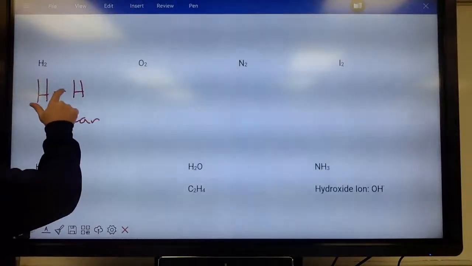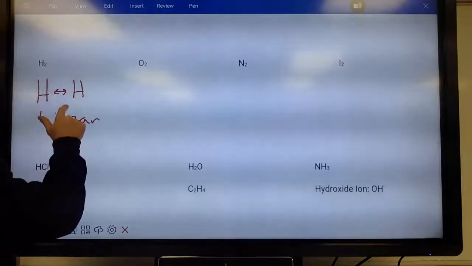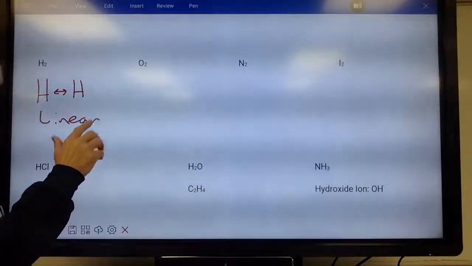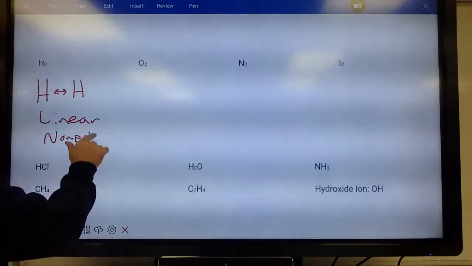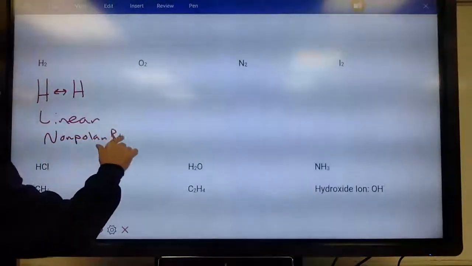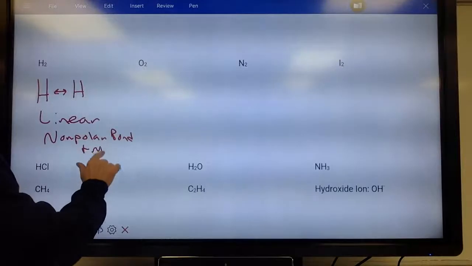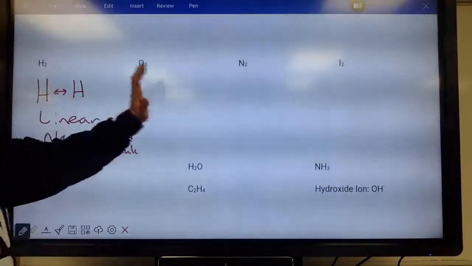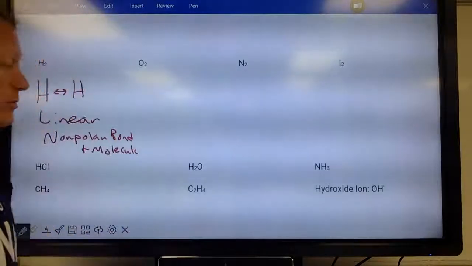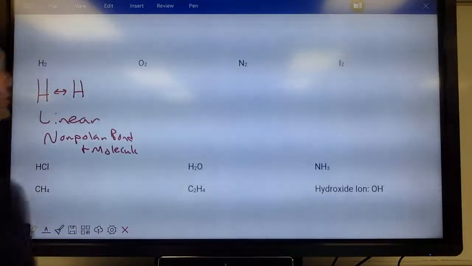It's a non-polar bond. In other words, electrons are being pulled evenly both ways, and the molecule itself is non-polar. There's not a positive and negative end. So non-polar bond and molecule, which all of these would be that way. Non-polar, linear, non-polar bond and molecule.